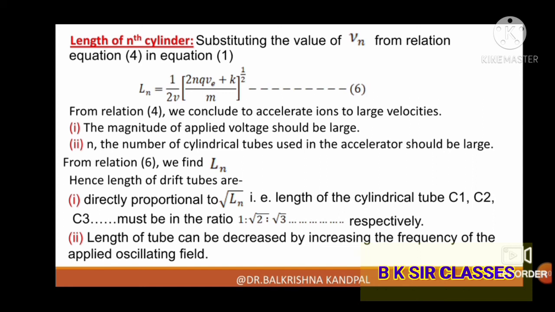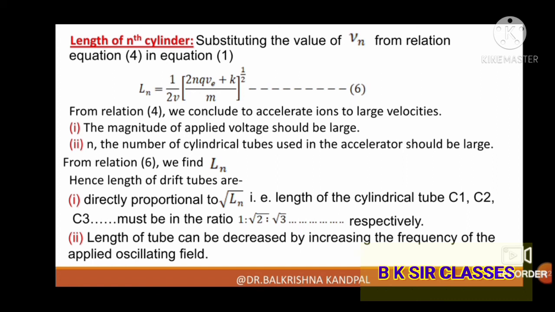From relation 4 we conclude that to accelerate ions to high velocities, the magnitude of applied voltage should be large, and the number of cylindrical tubes used in the accelerator should be large.